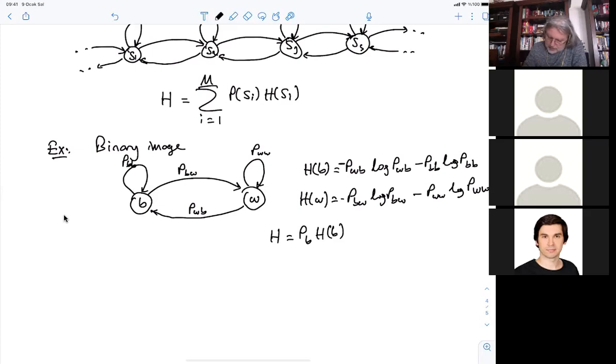This probability of white, entropy of white, this scaled summation, accumulation, will give you the overall entropy.